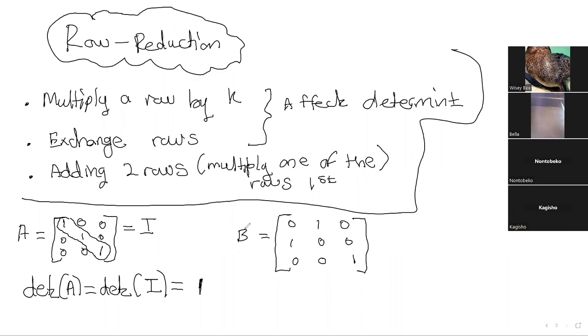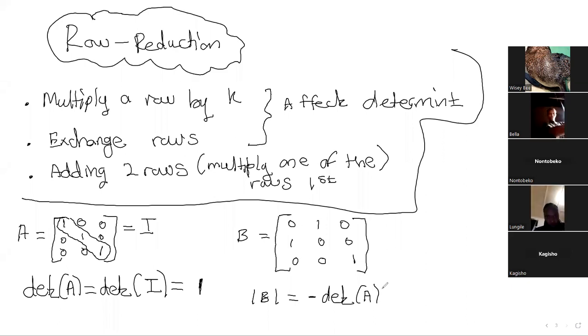The effect that this is going to have on the determinant is that the determinant of B will be negative the determinant of A, because B is from A. We exchanged 2 rows, that means this is going to be -1.